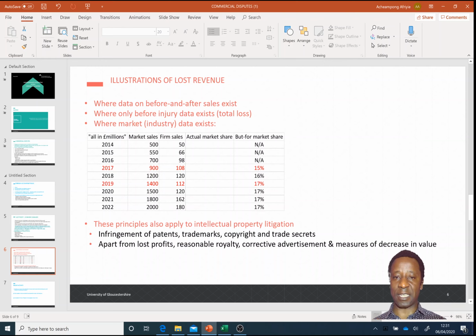So there is that dispute there, and the facts in terms of how competitive they are, and what this would have really led them to achieve, would be considered to resolve whether this is a reasonable claim to make.